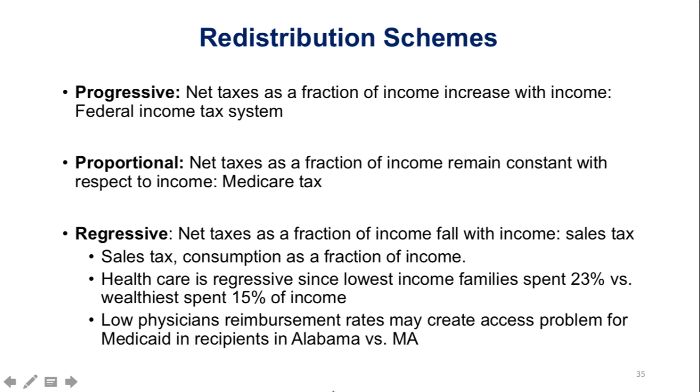Then also, a low physician reimbursement rate may create access problems for Medicaid recipients. That's the example in your book about the physician reimbursement rate, which is based on regressive schemes.